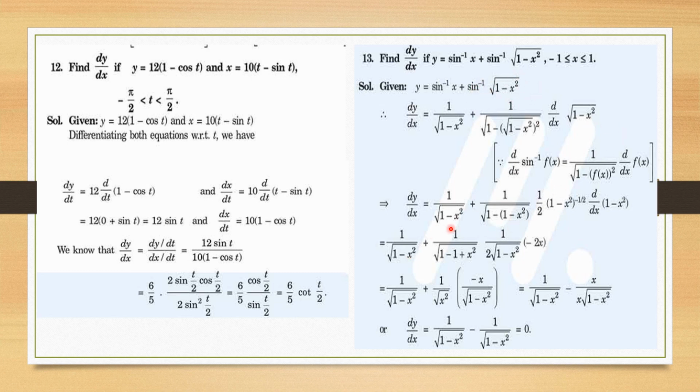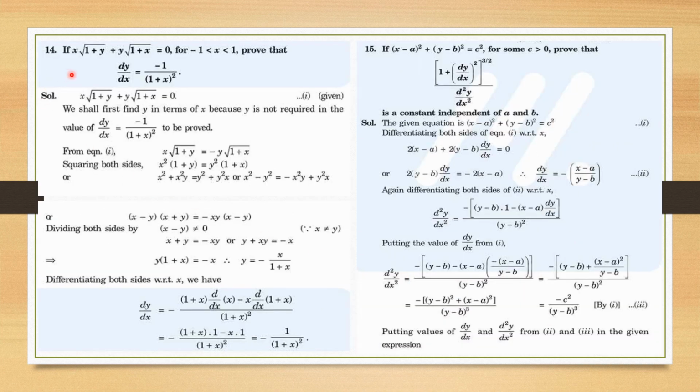So this term is also same, and you know that the derivative of a root x type of thing is 1 upon 2 times root x, into d dx of 1 minus x square, that is minus 2x. After rearrangement and taking LCMs, we can reduce that. This result is giving me the value as 0.